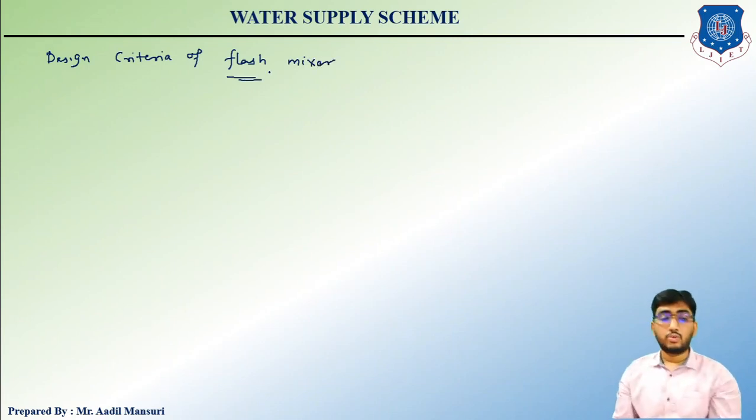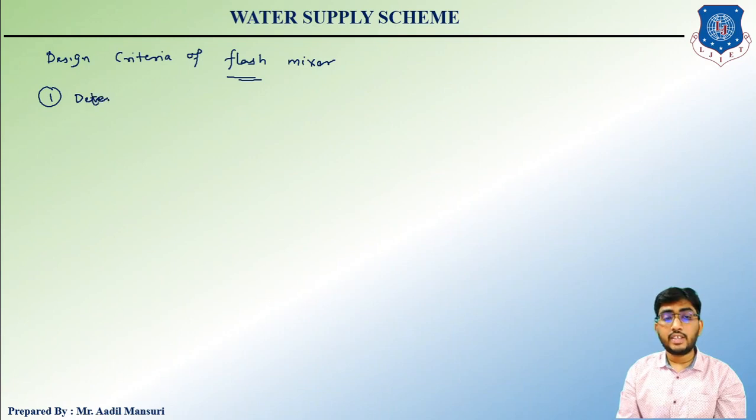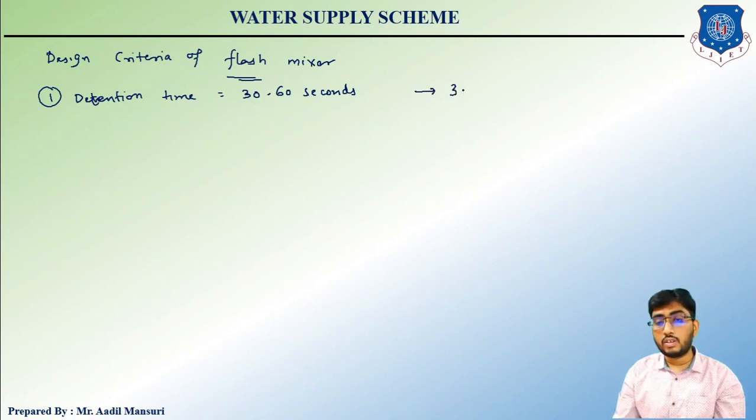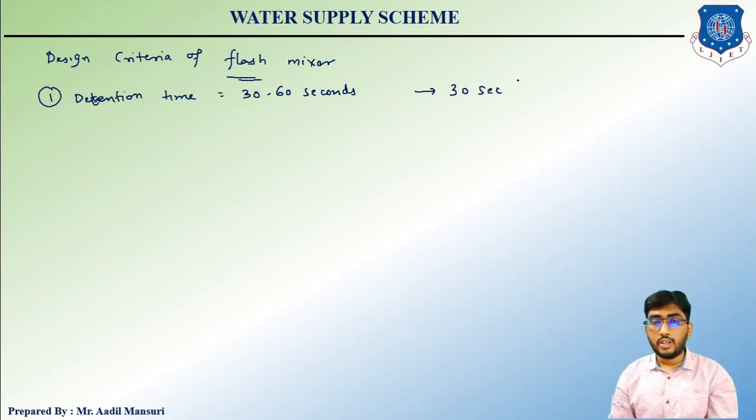Okay, so first criteria, as usual, detention time. This is usually between 30 to 60 seconds, and the ideal value you can go for is 30 seconds. So if they have not given any kind of data, then you can assume 30 seconds and move on.